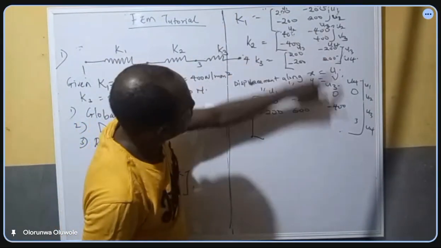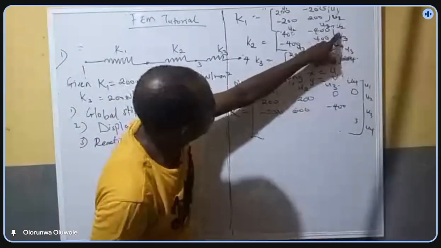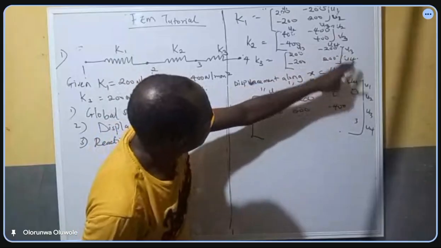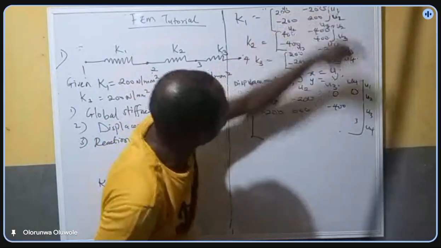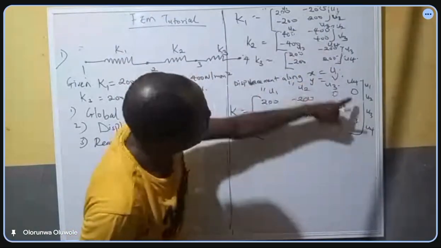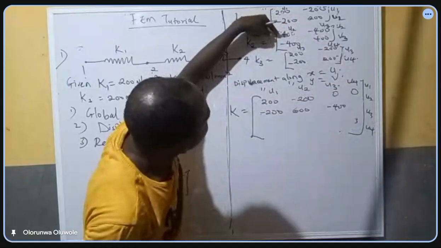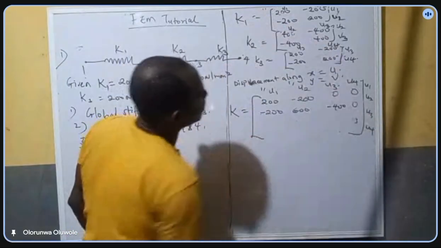Now U3, U2. So you have U3, U2, which is minus 400. Then we now have U4, U2. We don't have U4, U2, so we put a 0.